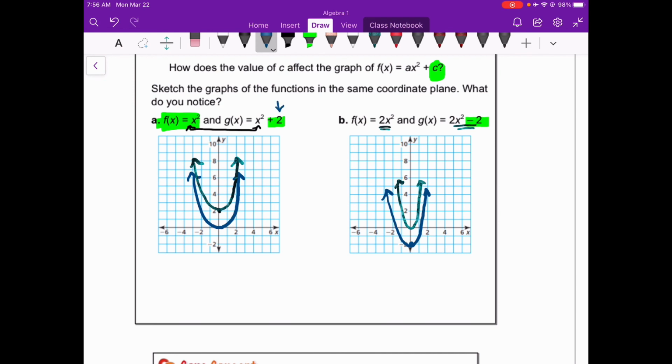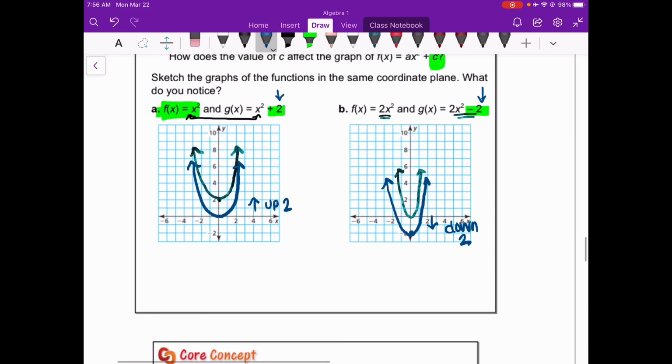Whenever you're adding a C value, it's shifting the graph up and down. If the C value is positive, like positive 2, it's moving or shifting up 2. If it's negative, it's shifting down 2. And based on the number, it tells you how many units up or down.